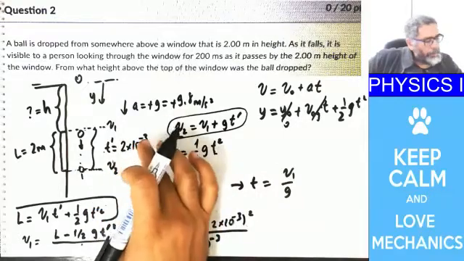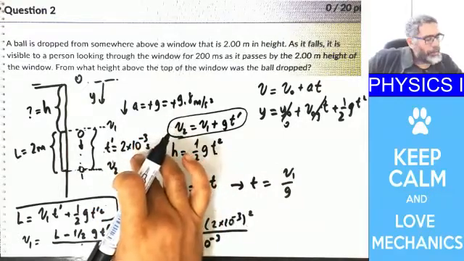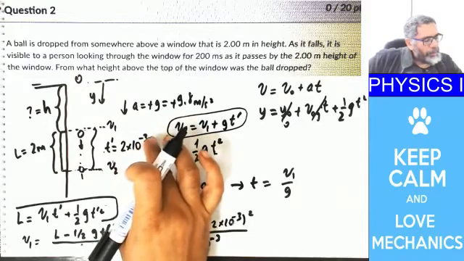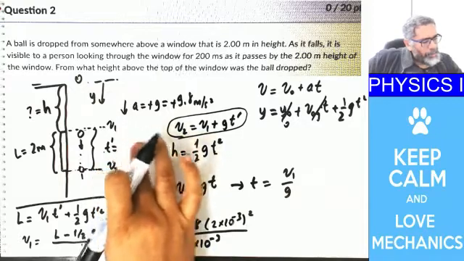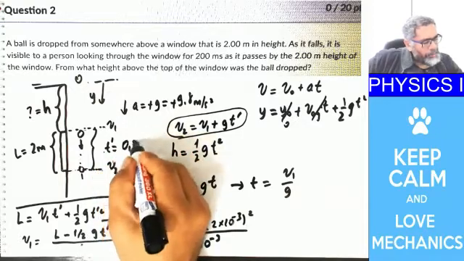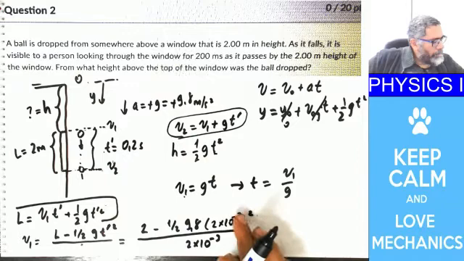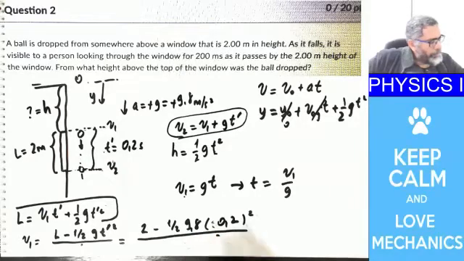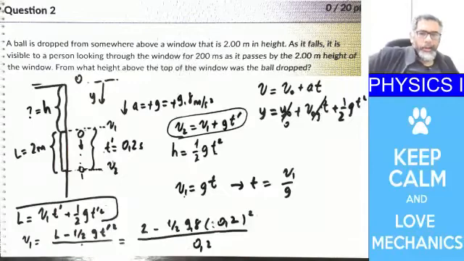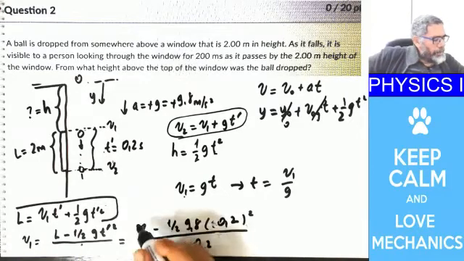I beg your pardon, I have to correct this. 200 times 10 to the minus 3, which means 0.2 seconds. Okay, this is going to be 0.2, and this is going to be 0.2. So this is V1.